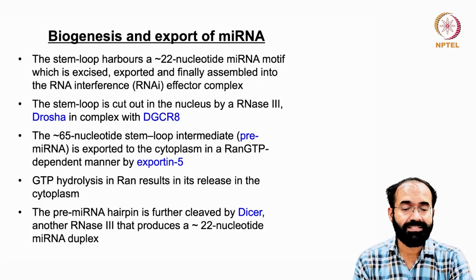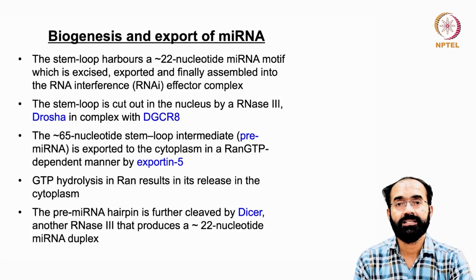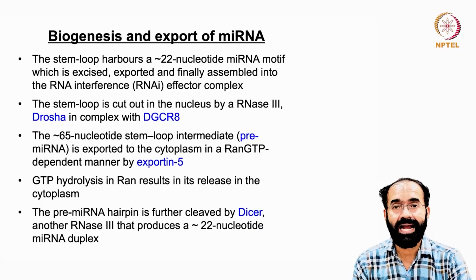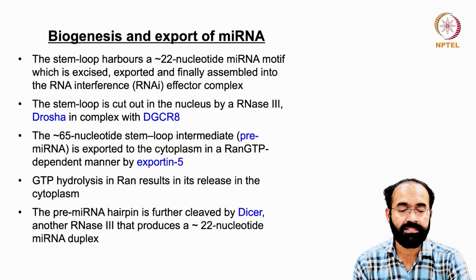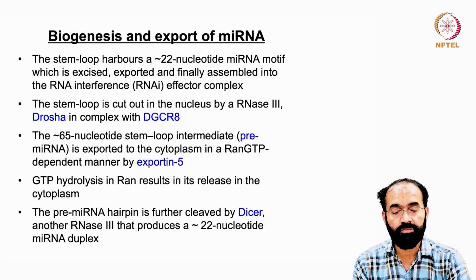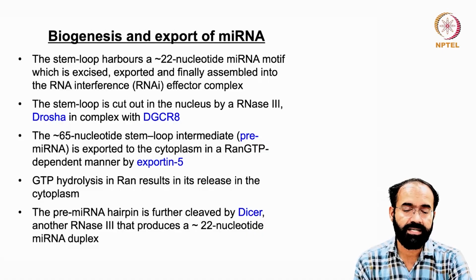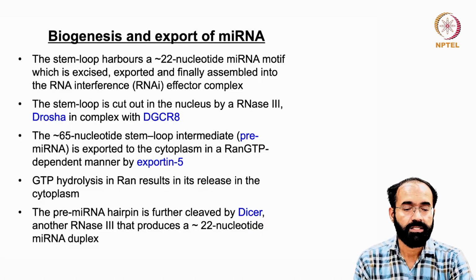The stem loop is cut out in the nucleus by an RNase 3 enzyme, and we call it Drosha, in a complex with another protein, DGCR8. So remember, the stem loop structured microRNA is acted upon by the RNase Drosha, with the help of the protein DGCR8.